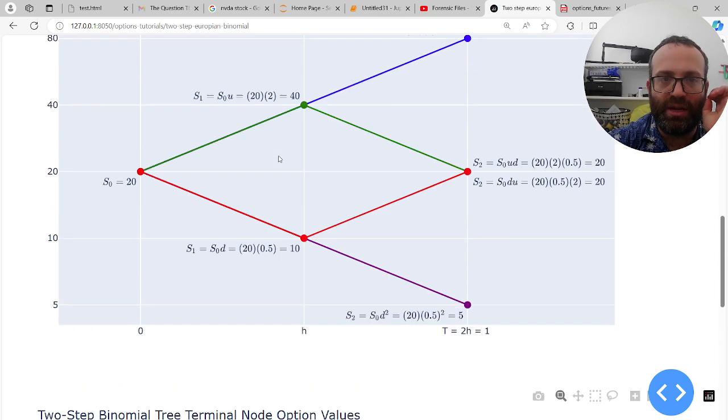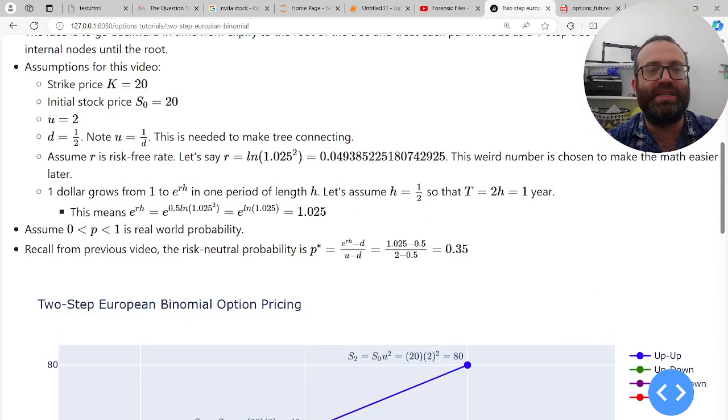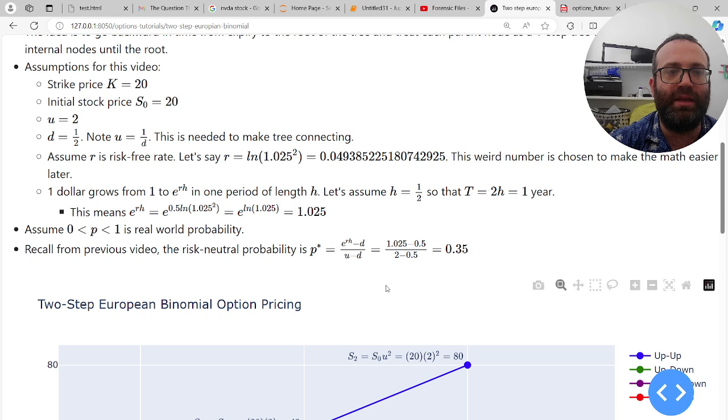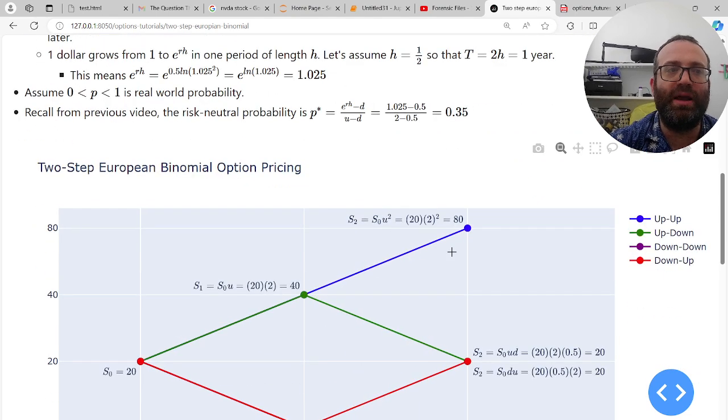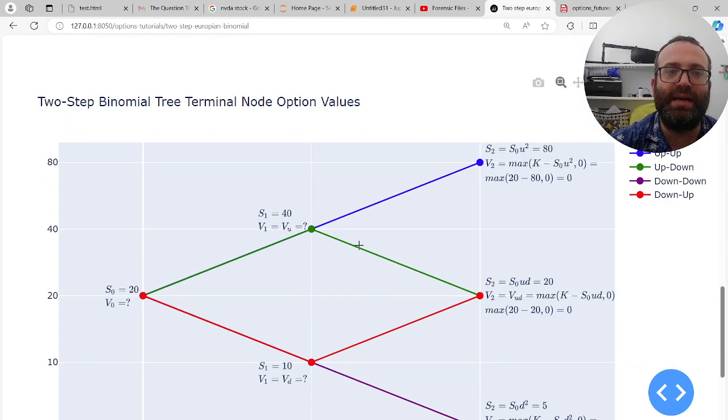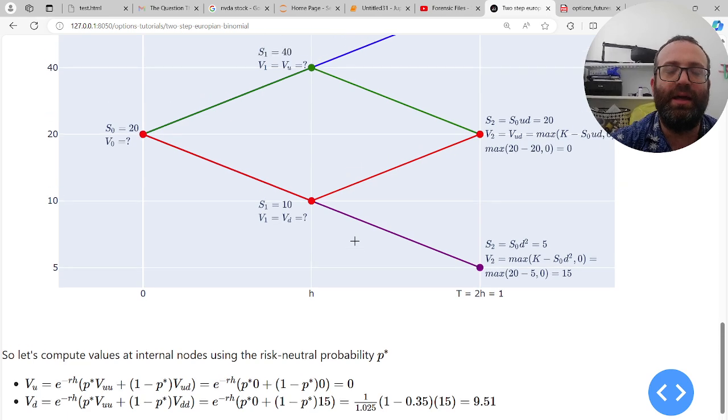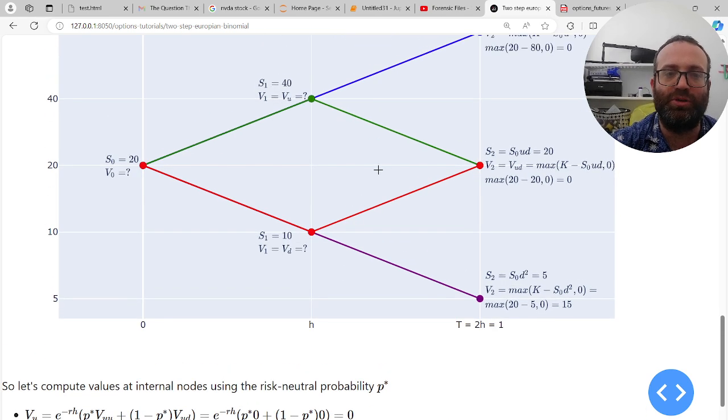Just to remind you, in the previous video, we showed that this probability is e to the rh minus d over u minus d. We can do the math, and we get that this risk-neutral probability is 0.35. So we can price the option as a discounted expectation under that risk-neutral probability.